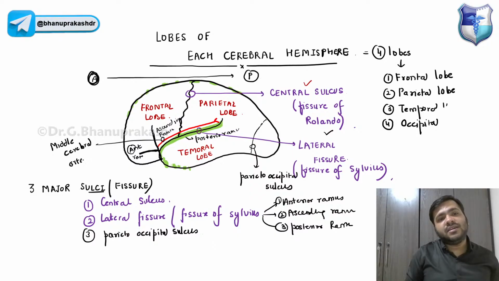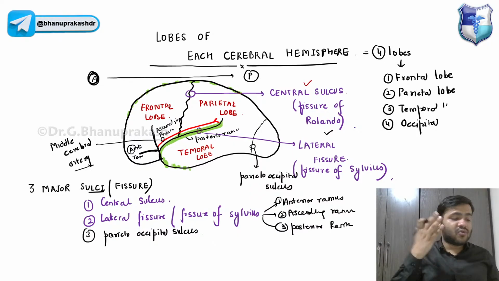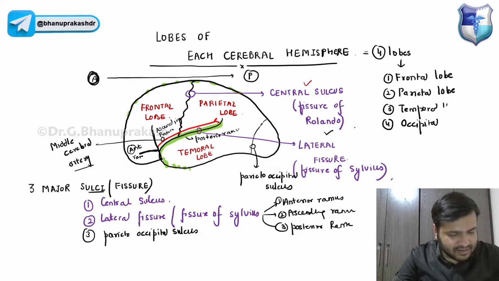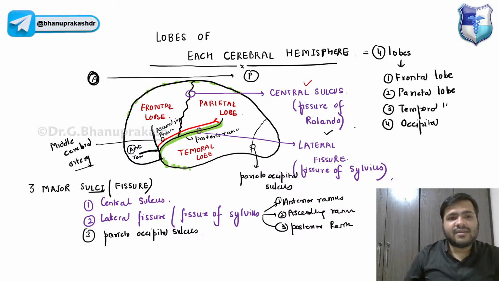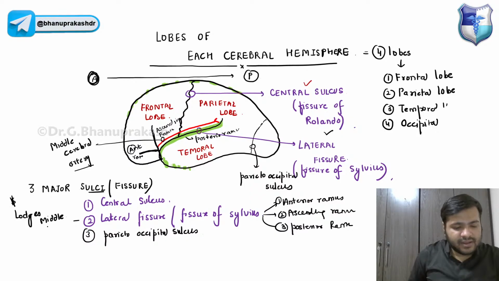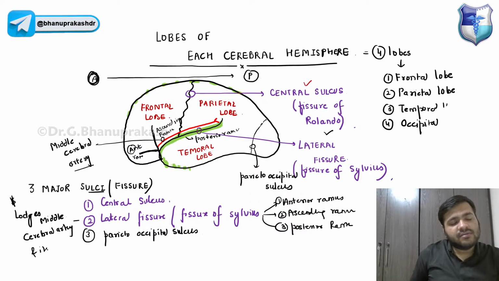I will be teaching you, अगर ये artery में blockage हो जाता है तो कौन कौन से parts चले जाएंगे, right? So ये जो lateral sulcus है, it lodges, remember, very important, put dollar sign, the middle cerebral artery, okay, and its branches.